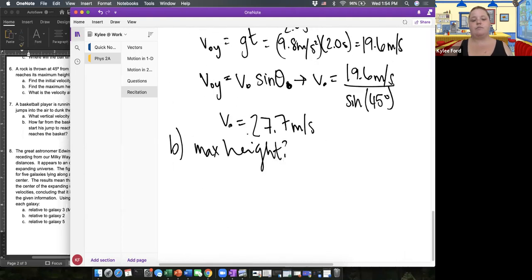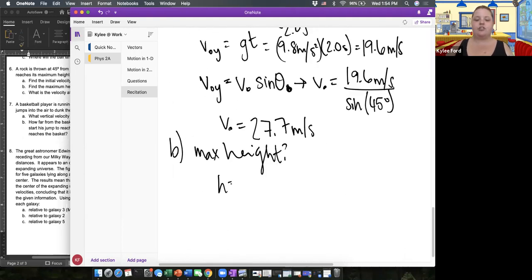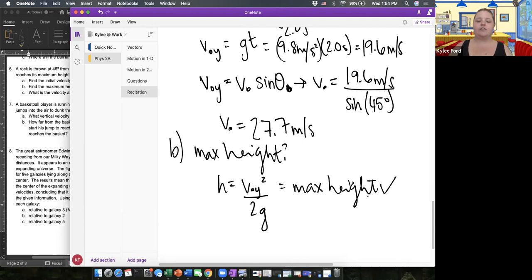My maximum height, H, is gonna equal V naught Y squared, divided by 2 times G. So that's what you use to find the maximum height of that trajectory. So then that should be good.